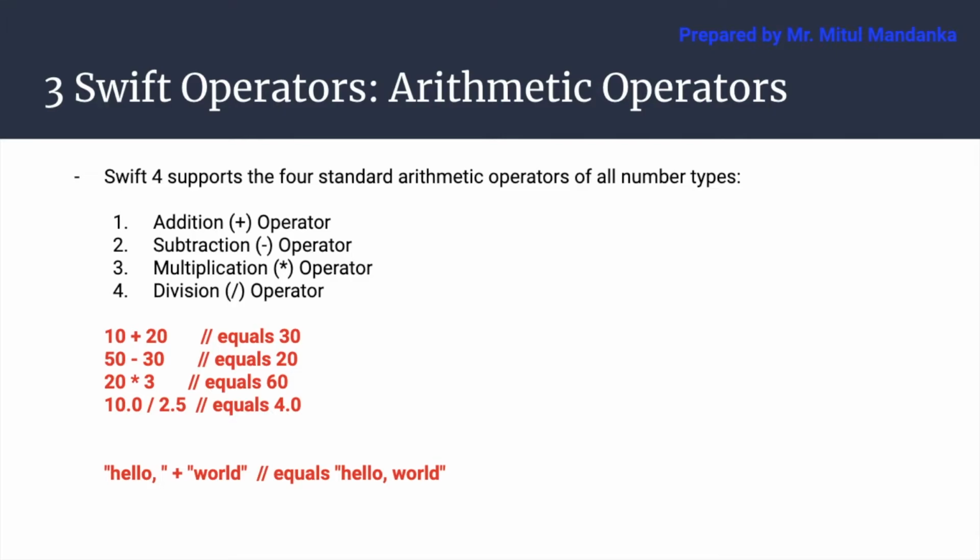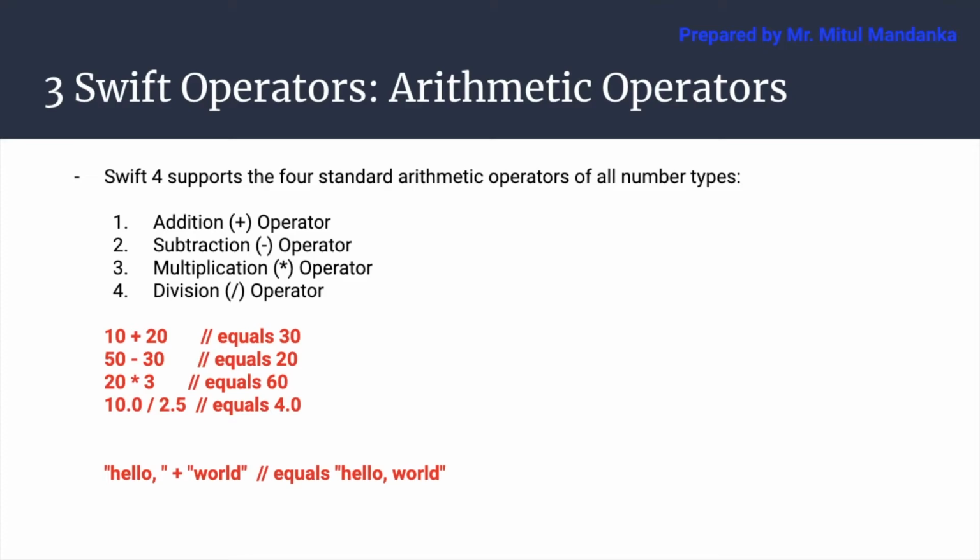For example, here I take two strings, the first one is hello and the second one is world. For concatenation of two or more different strings you can use the addition arithmetic operator. After running this code, the value of this particular variable is the concatenated string.